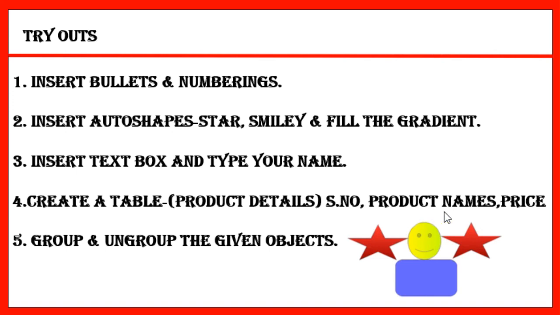So you have to insert 3 columns and 5 rows. So you can enter any product names, for example books, pencils, pen, chocolates, and you can enter the price. Fifth one, group and ungroup the given objects. So complete this given tryouts and take a pic and send to my personal WhatsApp number, children.